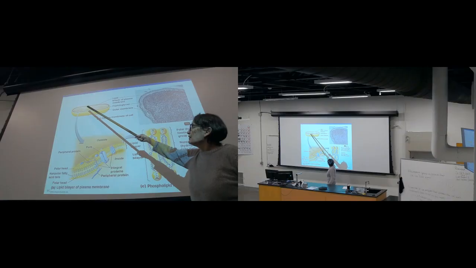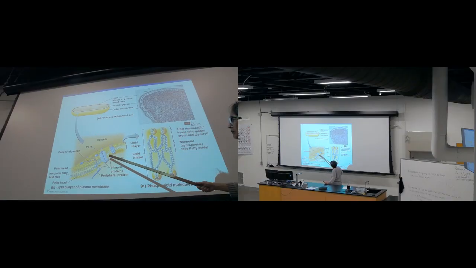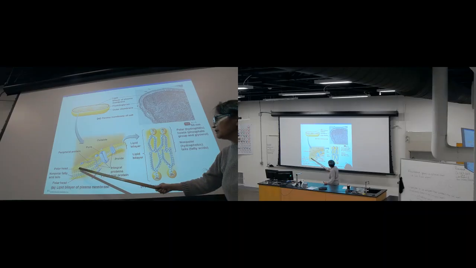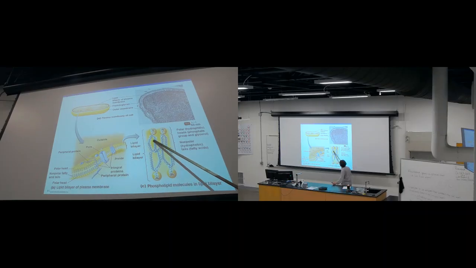So if you magnify this plasma membrane, you can see these phospholipids. If you magnify the phospholipids, this is how they look. They have two fatty acid tails, so this is one phospholipid, this is another one. This is from the outer leaflet, this is from the inner leaflet. So here you have two fatty acid tails, this is a phosphate group.